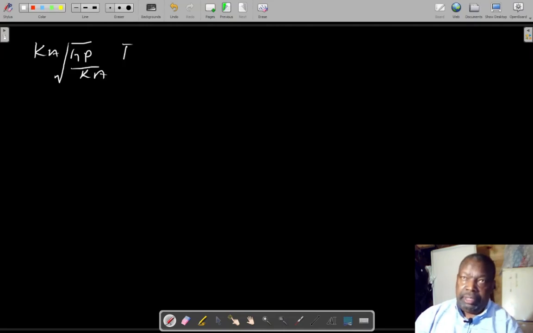So this is equal to KA, but m is equal to the square root of hP over KA, times (T naught minus Ts) tan hyperbolic of mL.